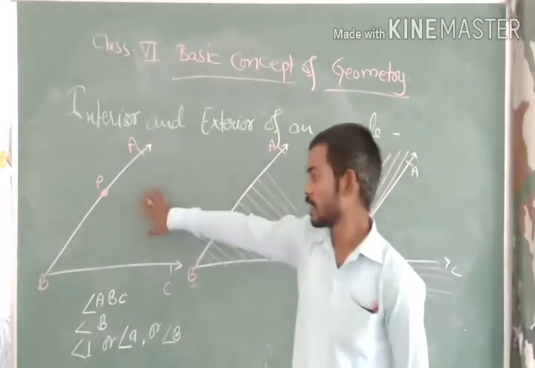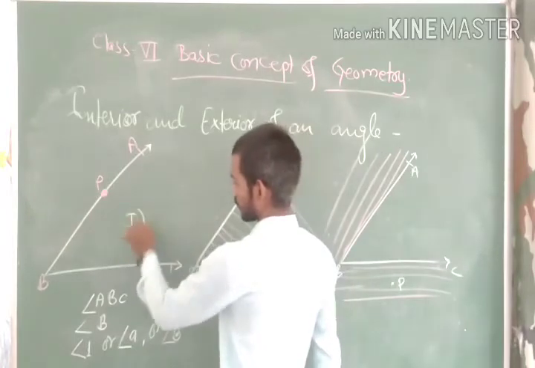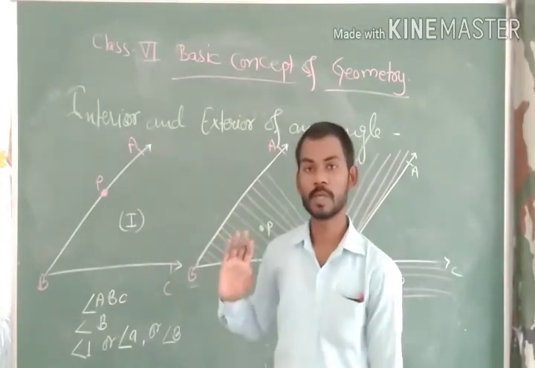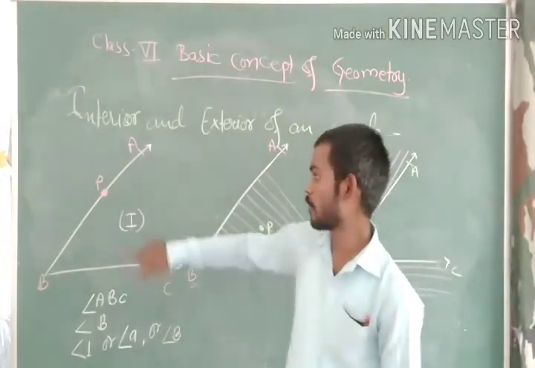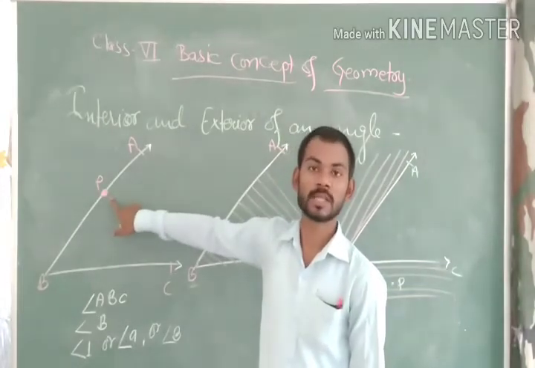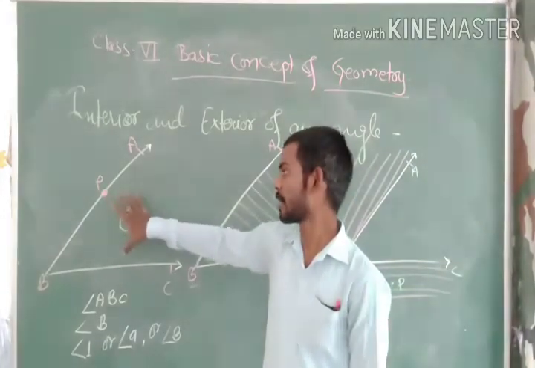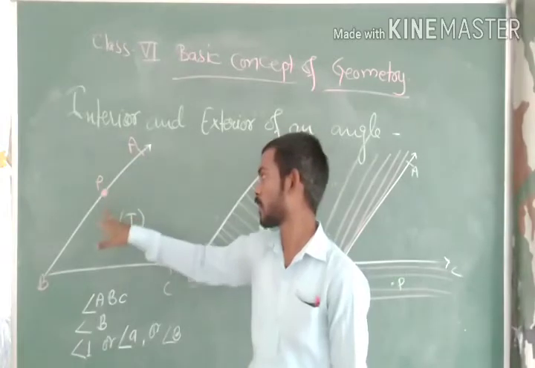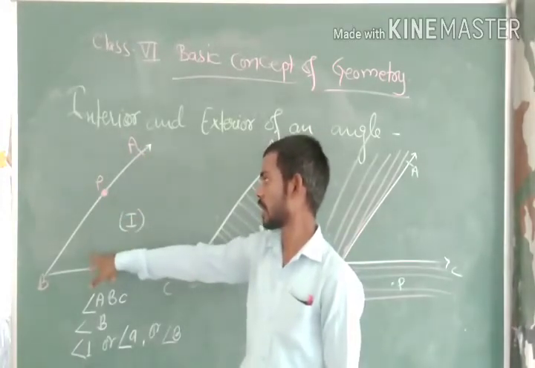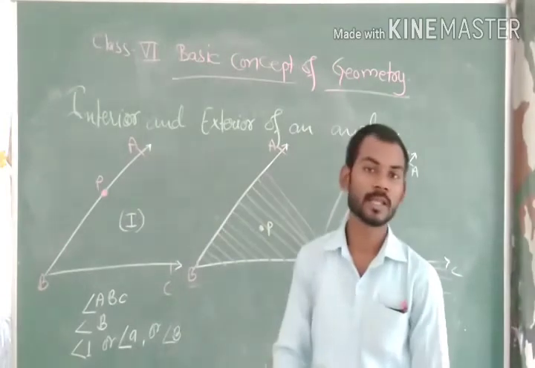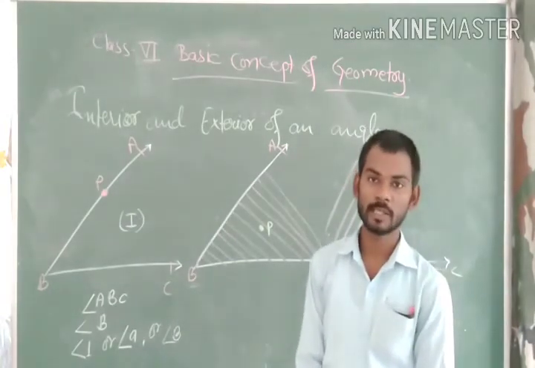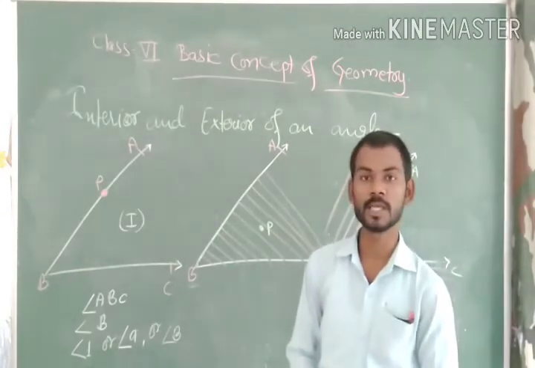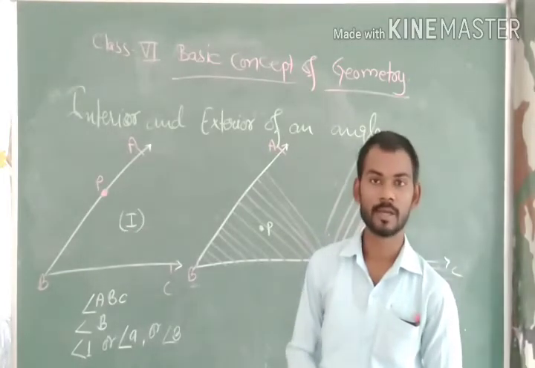Here we can see in the first figure that ABC is an angle and a point P is given which lies on an arm of the angle, that is on AB. The point P lies on the arm AB, so we say that the point P is lying on the angle.